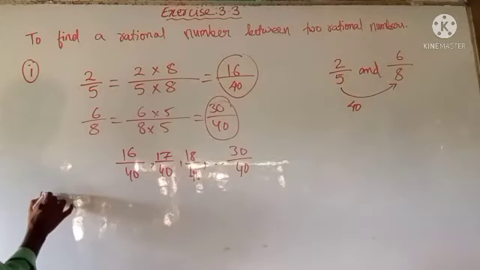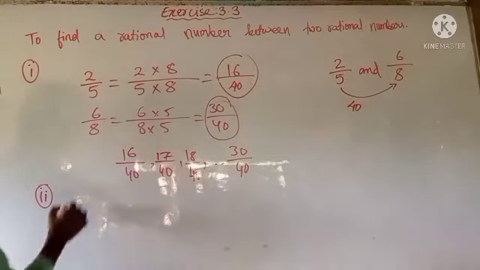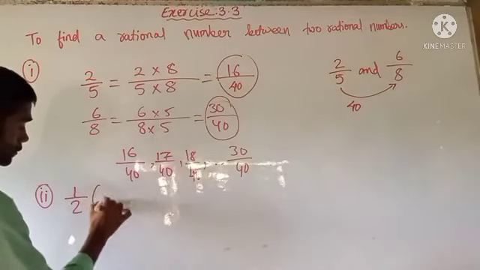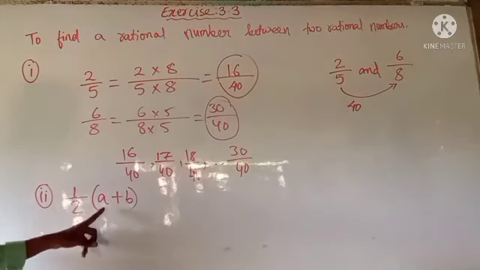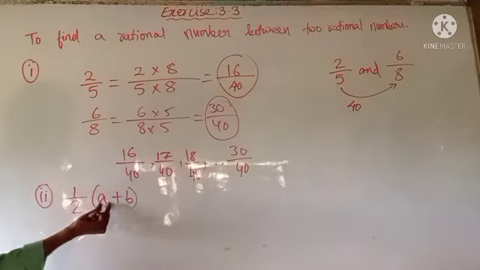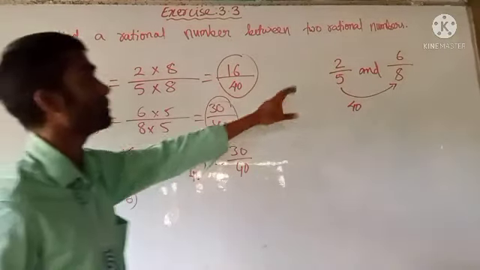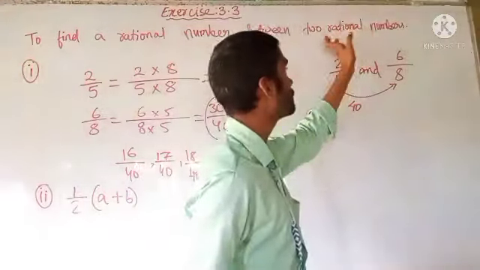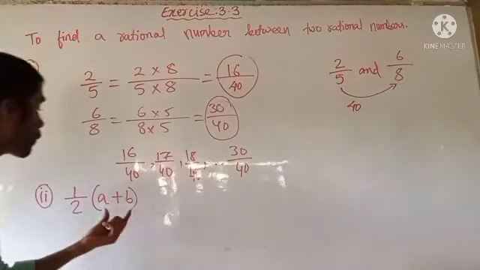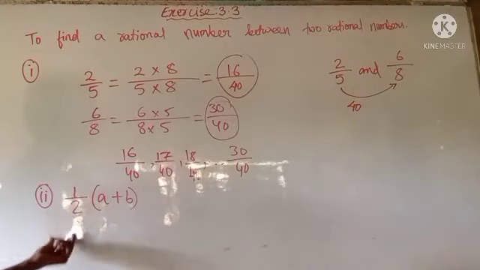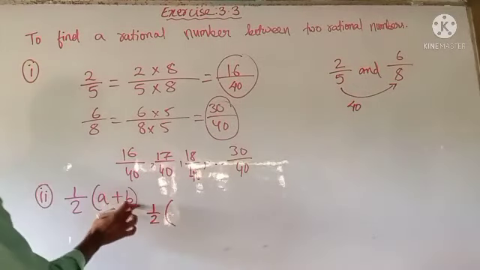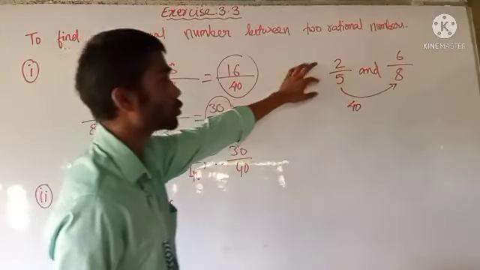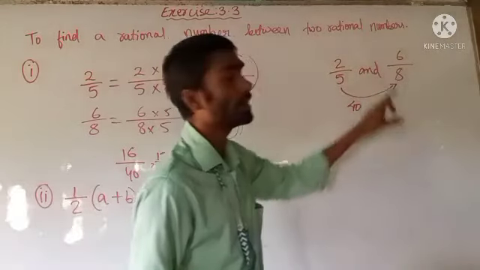The other way is by using a formula, that is half into a plus b. Now here, what is a and what is b? A and b are the two rational numbers that are given. Between these two rational numbers, we are going to find another rational number. So here, half into a plus b, where a is 2 by 5 and b is 6 by 8.